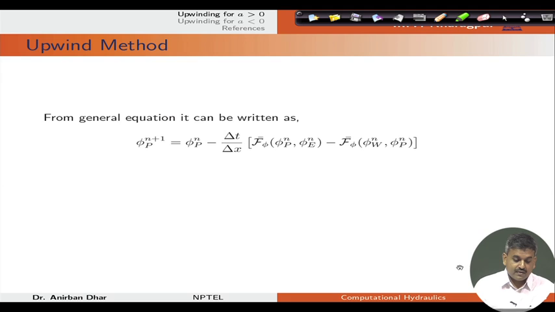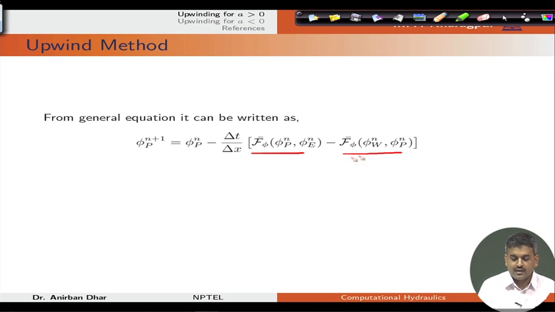In this case, we have a general equation where we have a general flux function for E cell and W cell.